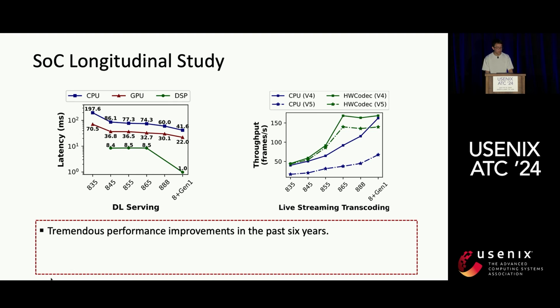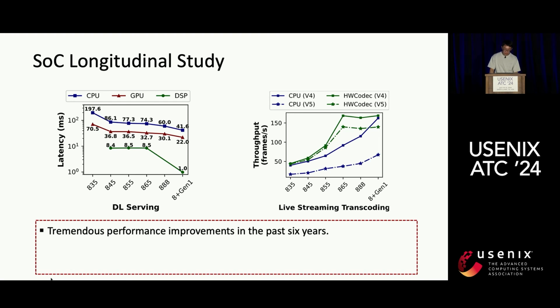And we can observe a tremendous performance improvement in the past 6 years of the mobile processors. And there is a significant performance boost in the SoC DSPs. For example, from the 845 to the 8 plus Gen 1 version, the improvement could be up to 8.4 times.